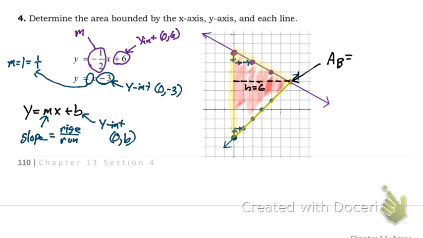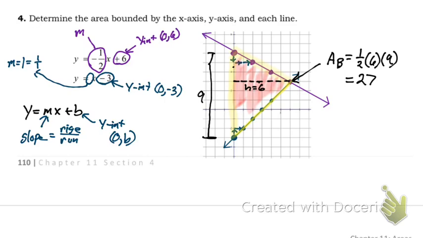And the base of the big triangle, from here all the way down here, would be 1, 2, 3, 4, 5, 6, 7, 8, 9. So the area of the big triangle is going to be 1/2 times 6 times 9. That means the area of the big one is 3 times 9, which is 27.